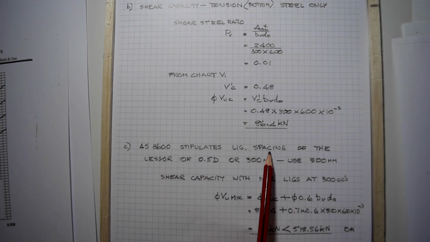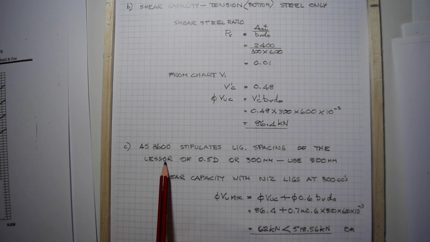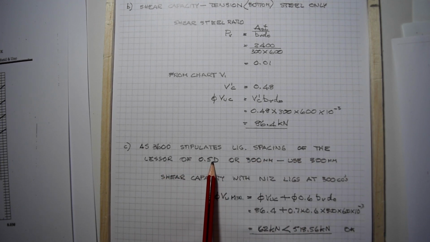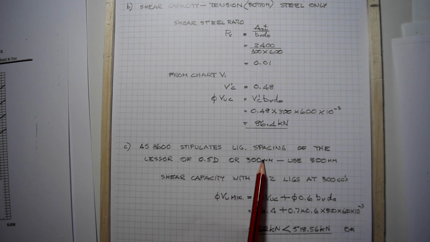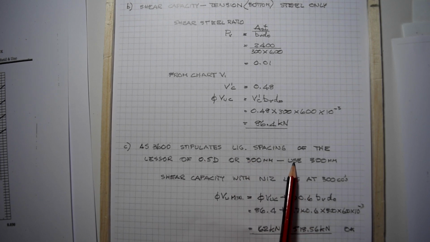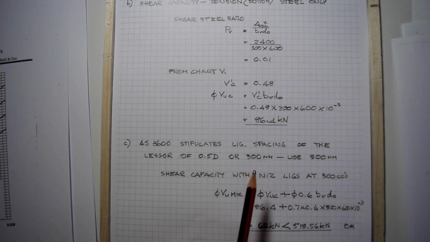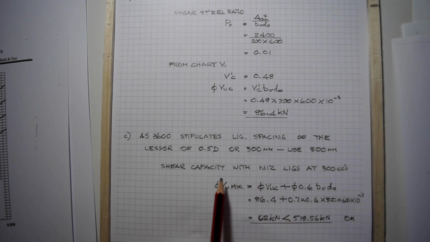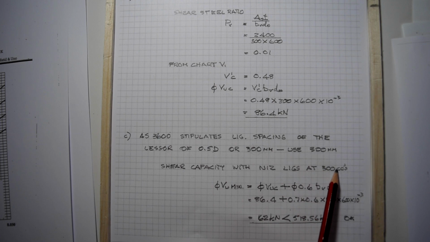And this, as I said previously, I've said it a couple of times, the lig spacing is the lesser or the least of 0.5 times the overall depth, or 300. Now our overall depth is 670 millimeters, so half of that would be 335, which is clearly more than the 300 stipulated by the code, so we use 300 millimeters.